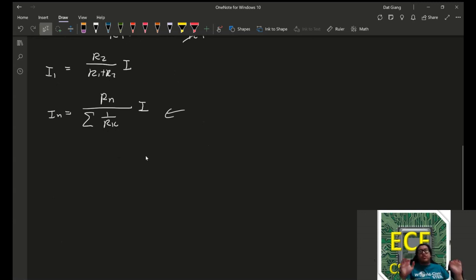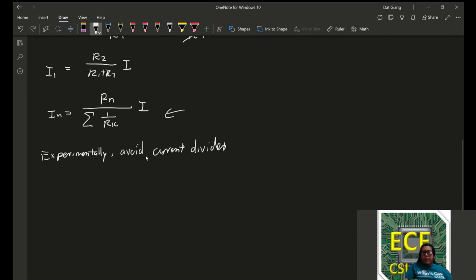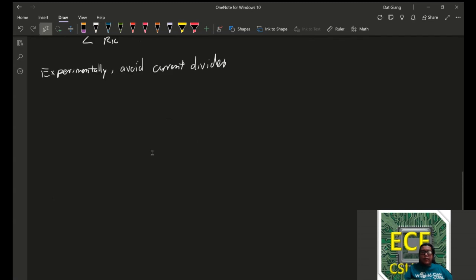Now, experimentally, you may want to avoid a current divider. Why? Let's say you had a variable resistor, and then you had a really tiny resistance, like so.